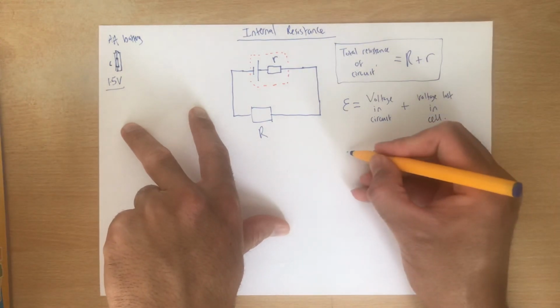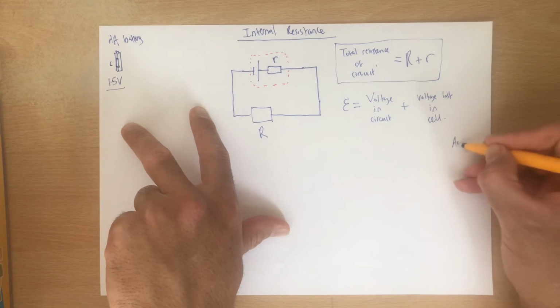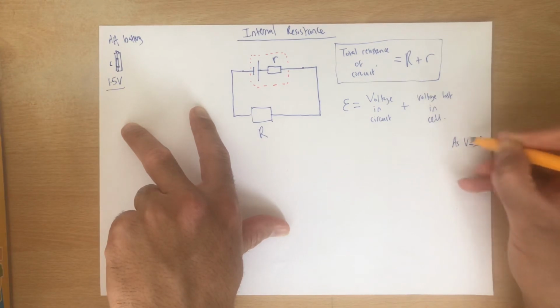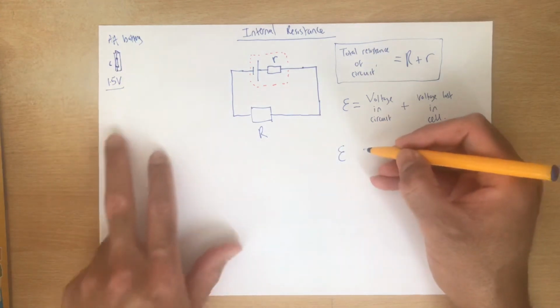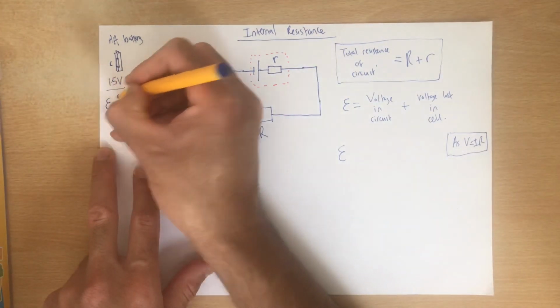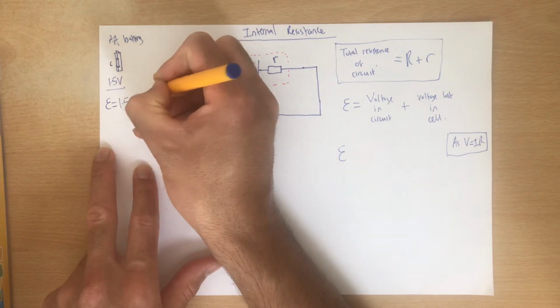Essentially, we're going to use Ohm's law. As we know, V is equal to IR. Epsilon in this case is 1.5 volts, and the units are volts.